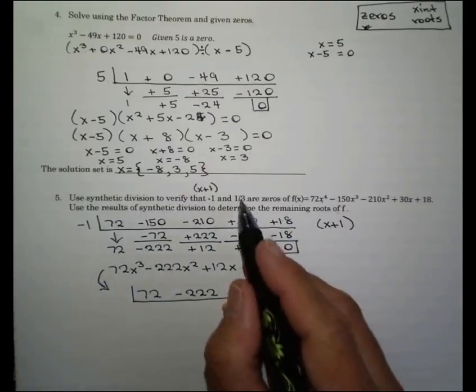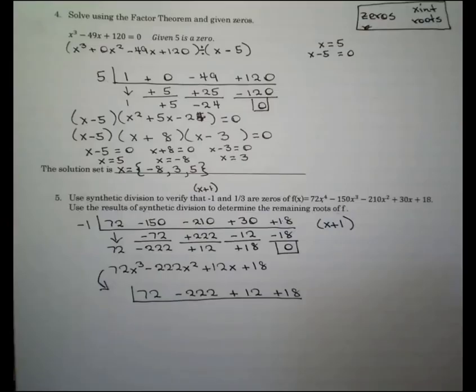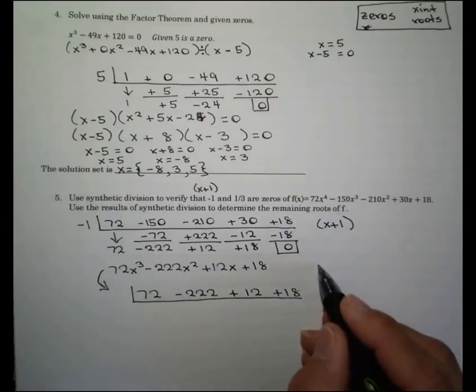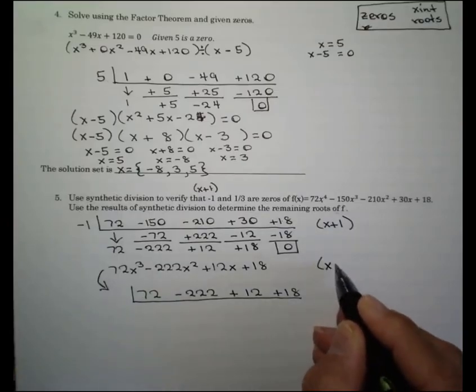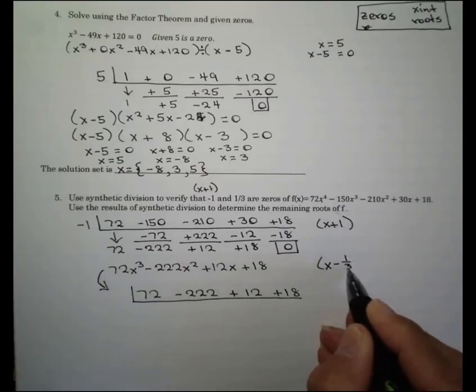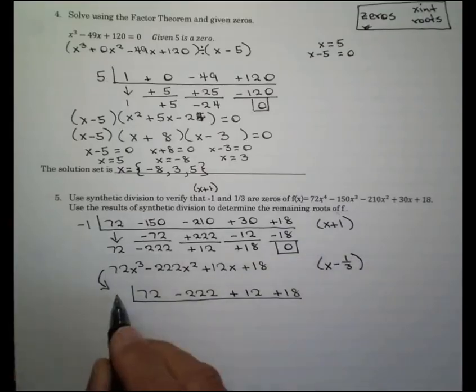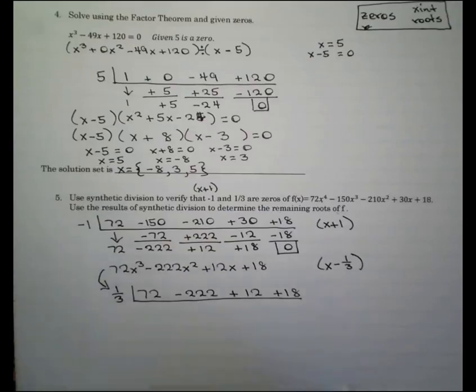Well, it told me that 1/3 was a zero, didn't it? So I know that this factor would be x minus 1/3. And I would take the positive 1/3 that they told me, and that's what I would divide by. This is dividing by a fraction, I mean, multiplying. We're going to be multiplying. When I multiply by a fraction, it's like dividing by that denominator as long as I have a numerator of 1, right?